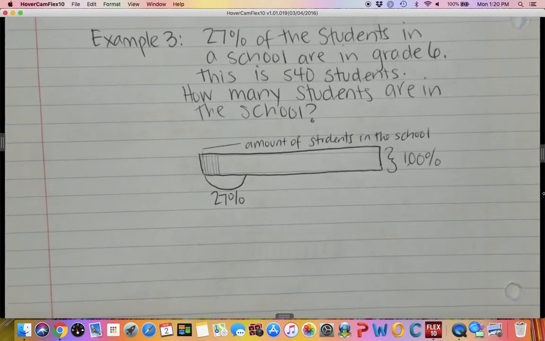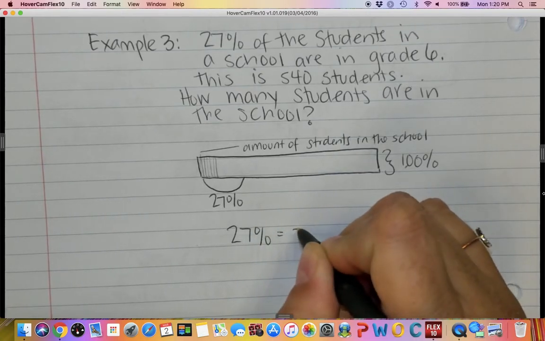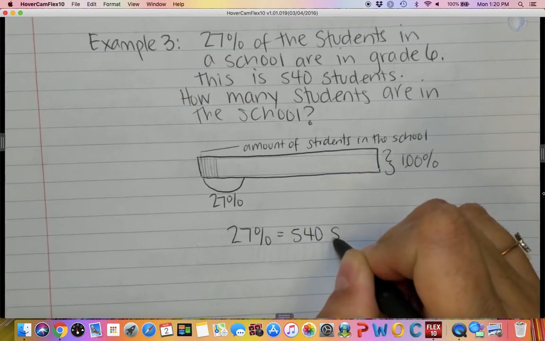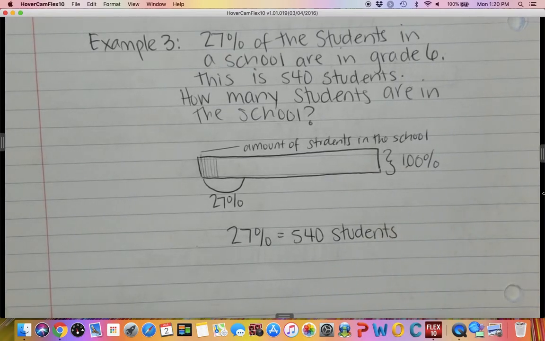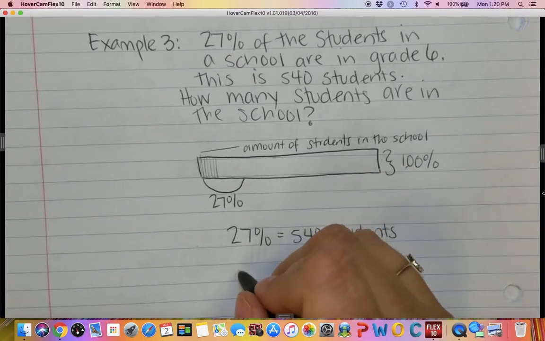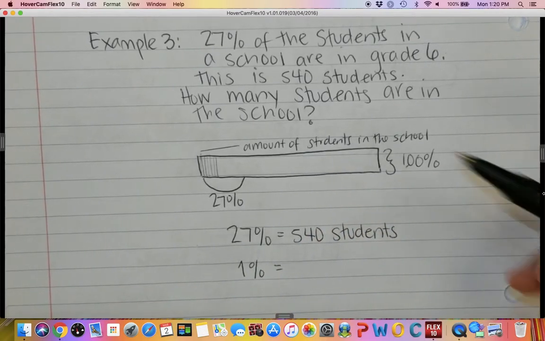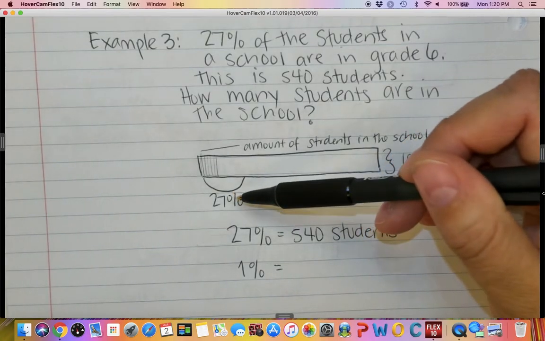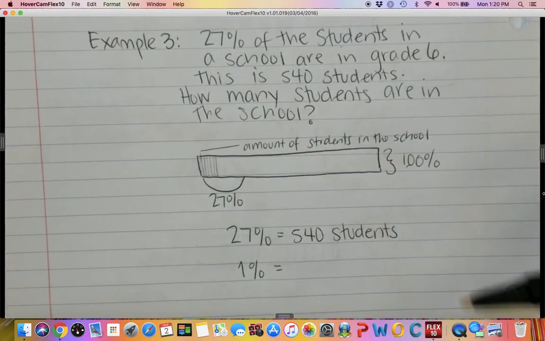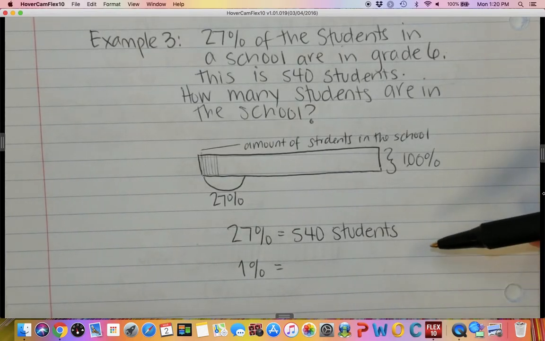So here's how I'm going to write it out. 27% equals 540 students. One percent is how many of those students fit into those 27 boxes. This is a model we've done before. We've done this with dividing fractions, so this isn't new.